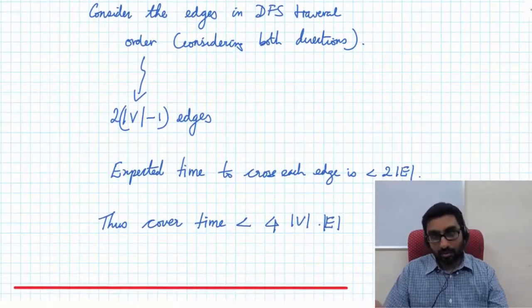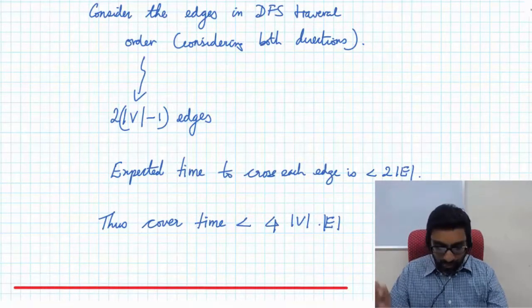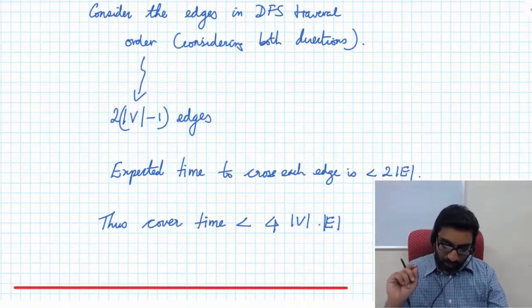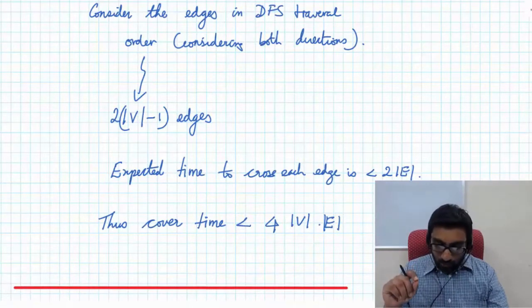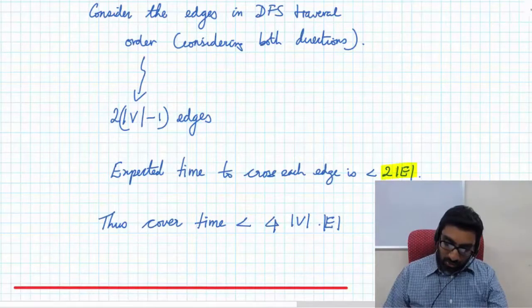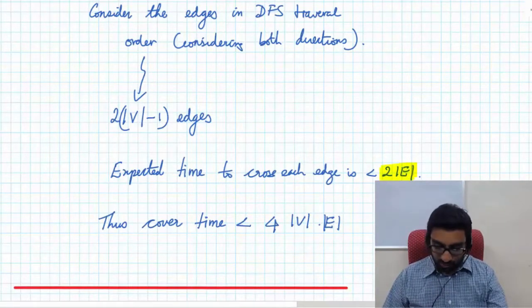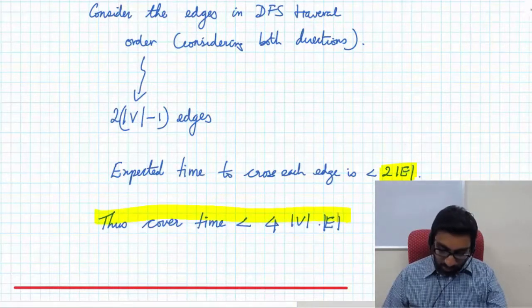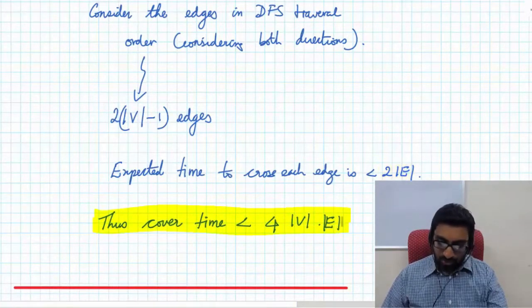Okay, why? Because the spanning tree has n minus 1 edges, and each of those edges will be traversed at most twice. So these are all edges in the graph. So the expected time to go from one end to the other is at most 2e. So this naturally leads us to the conclusion that the cover time is at most 4 times v times e.